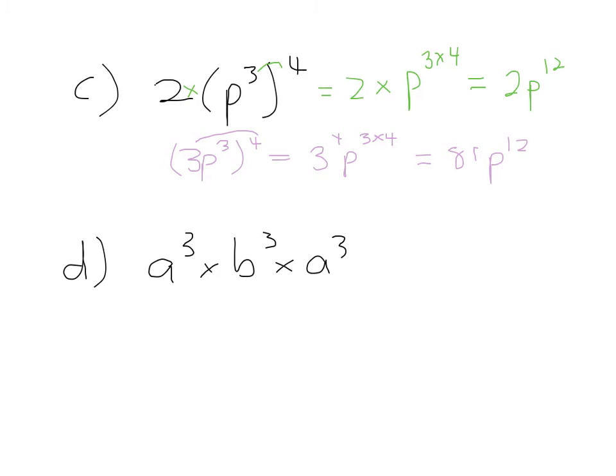Or similarly, if we had 3 squared p cubed to the power of 4, this is really going to test me out here, isn't it? This would end up as 3 to the power of 2 times 4, and p to the power of 3 times 4, which will be 3 to the power of 8, and p to the power of 12.